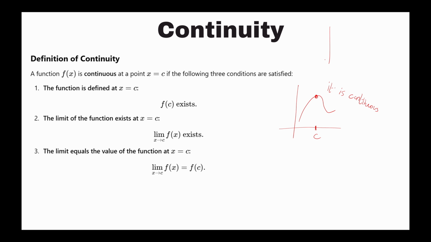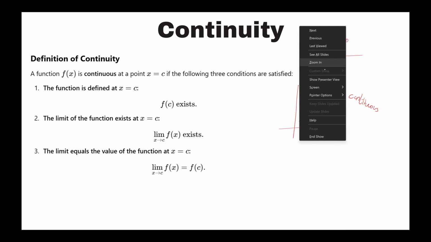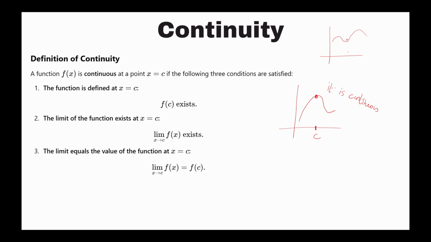Sometimes our graphs are in this type of format. I have a circle here and my value is actually here, and this is my connection. Now if I ask whether it is continuous at C or not, it is not continuous.